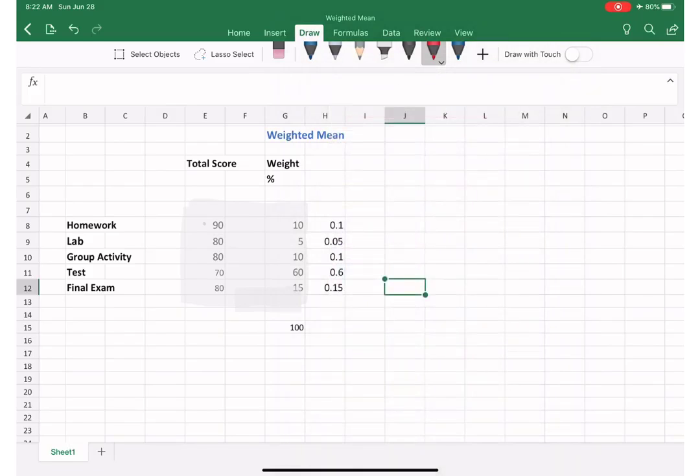X bar, this is your weighted mean, is equal to sum of X times W, divided by sum of W. I'll tell you in a minute what is what.